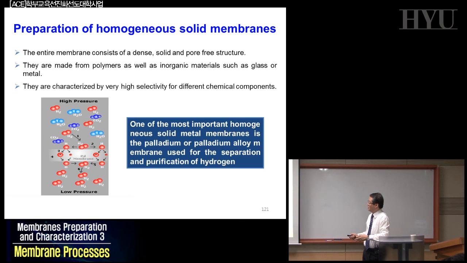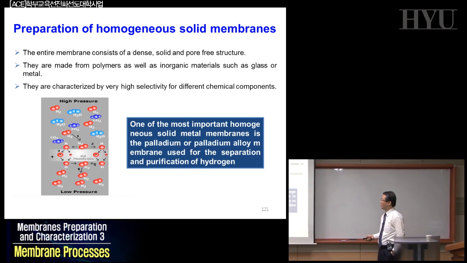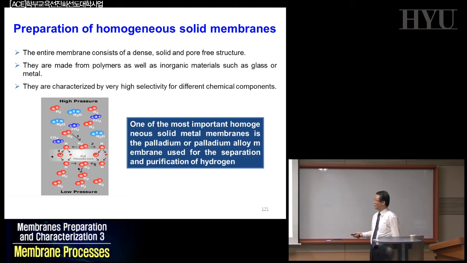Anyway, palladium has been known to be a very active hydrogen transporting membrane, particularly at high temperature, not in low temperature. It should be at least above 400 degrees C for the ion transporting capability of this palladium, and also high pressure. So a lot of studies have been done about palladium itself and palladium alloys, because palladium is an expensive metal.